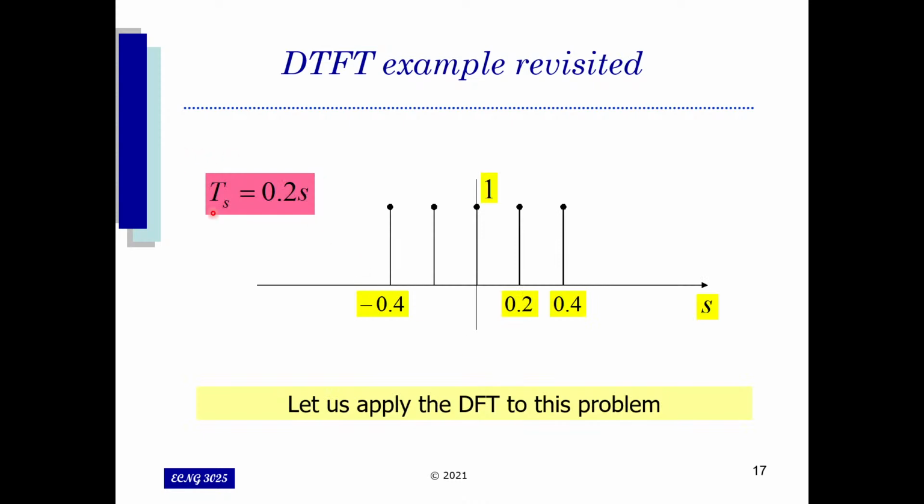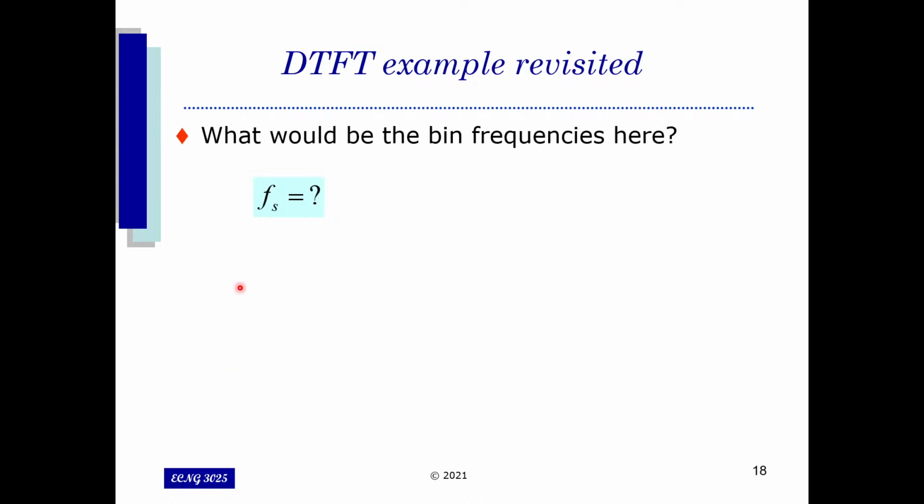So we know our sampling time here is going to be T_s equals 0.2 seconds. We also know that N here being the number of samples is going to be 5. So I'm going to write this in just for reference. So T_s was equal to 0.2 seconds, and capital N here was equal to 5 samples.